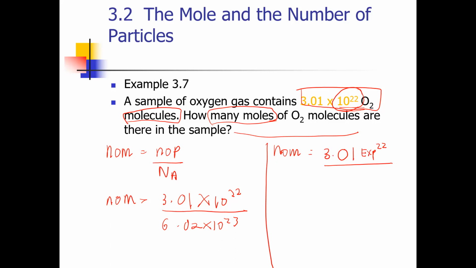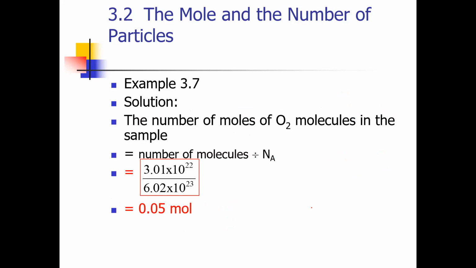For y'all, you have to bracket it, if I'm not mistaken. You put 6.02 times 10 to the power of 23, close bracket. Then I think you will get the correct answer. Okay, so you will get 0.05 more.